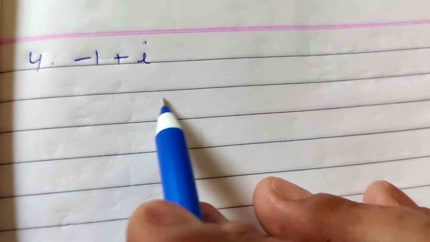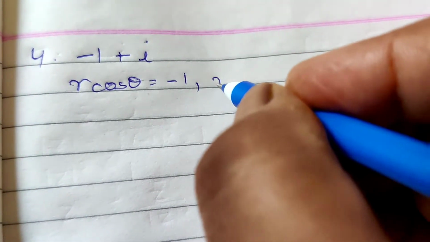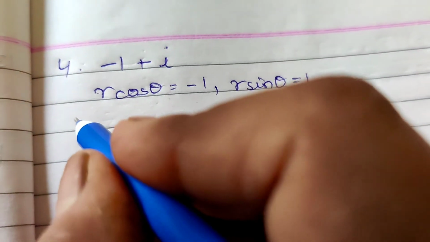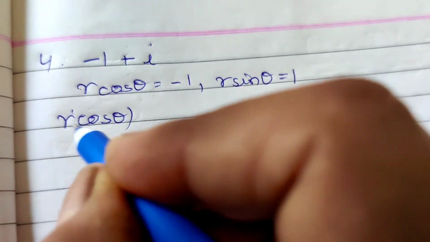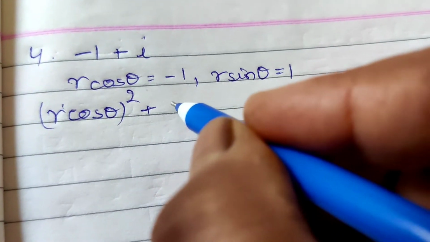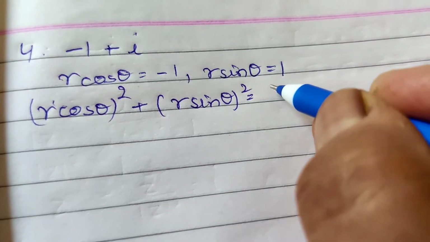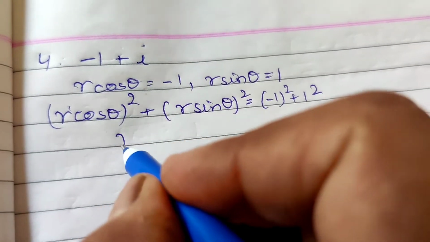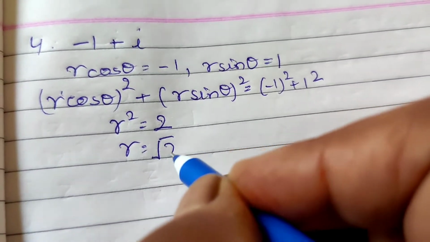Next, minus 1 plus i. Now compare this to r cos theta equal to minus 1 and r sin theta equal to 1. Same process. (r cos theta) whole square plus (r sin theta) whole square is equal to minus 1 square plus 1 square. Therefore, r square equal to 2 and r equal to root 2.